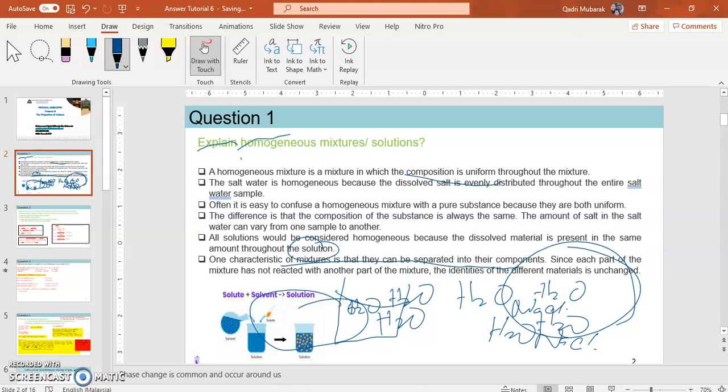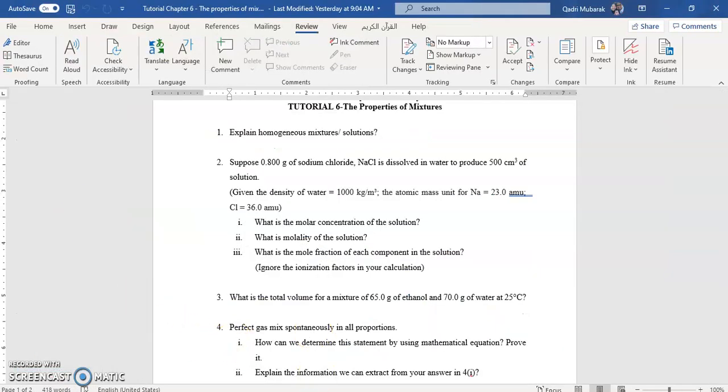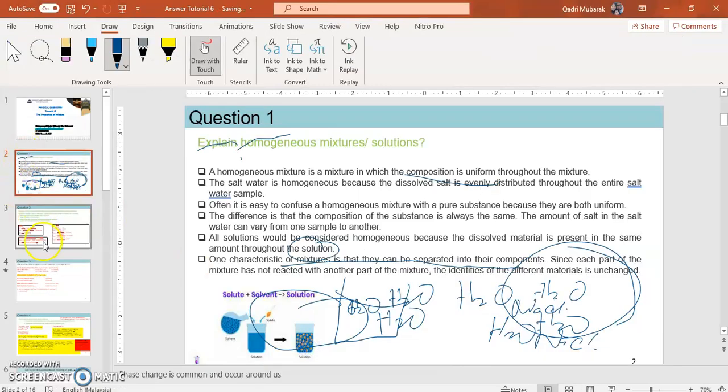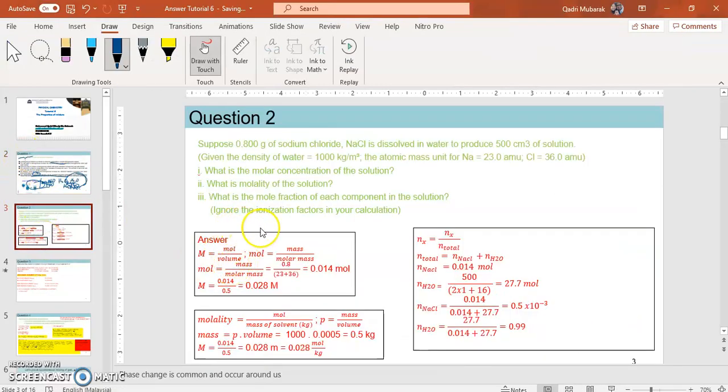Okay, next we go to the next question. Suppose 0.8 gram of sodium chloride is dissolved in water to produce 500 cm³ of solution. Given the density of water is 1000 kg per meter cube, the atomic mass for sodium is 23 AMU.